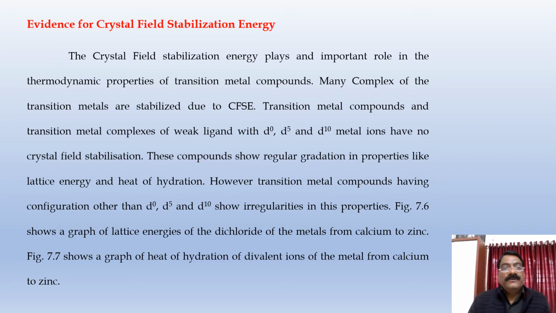Transition metal compounds and the complexes of weak ligand with d0, d5 and d10 system metal ions have no crystal field stabilization. These compounds show regular gradation in the properties like lattice energy and heat of hydration.